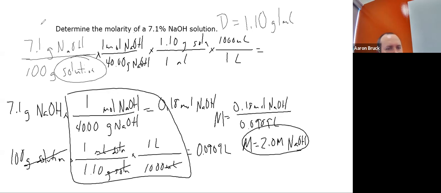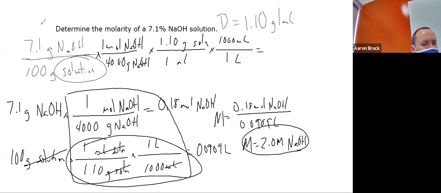Notice that all that happened is that these flipped over because now the 100 grams is in the denominator instead of the numerator.